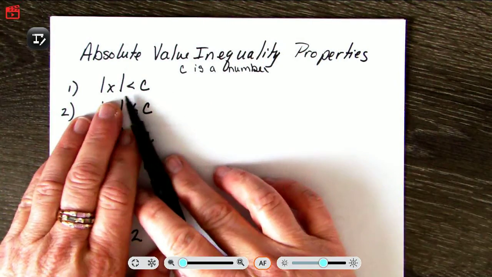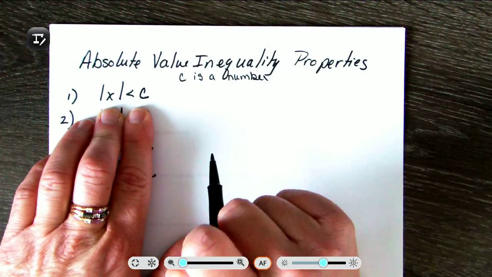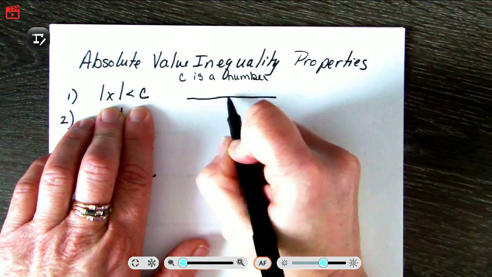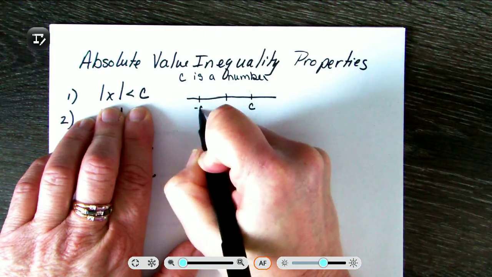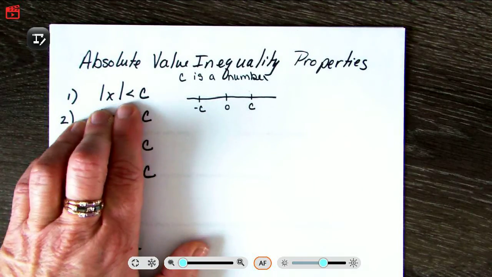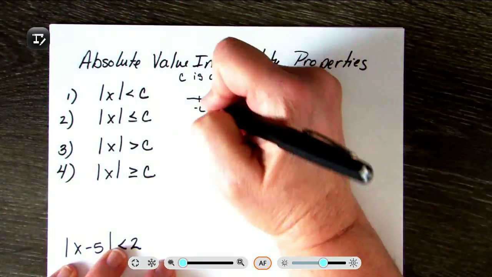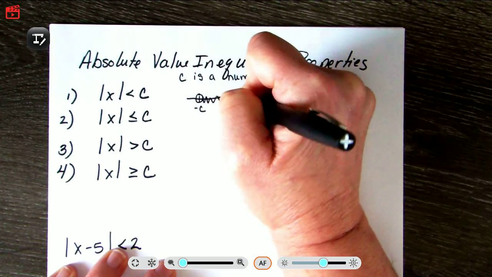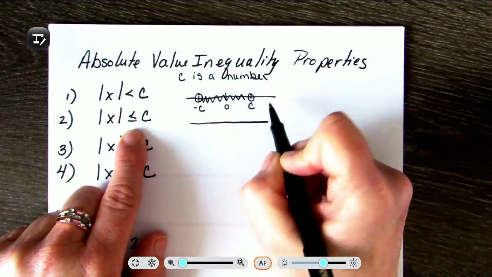If the absolute value of x is less than c, that means we're within c units from 0. So looking on a number line, if here is 0, and I put c and negative c on both sides, if I want it to be less than, I've got to be closer to 0 than that. So that means I'm going to be in between those two values. If it's less than or equal to, I can simply include those values.